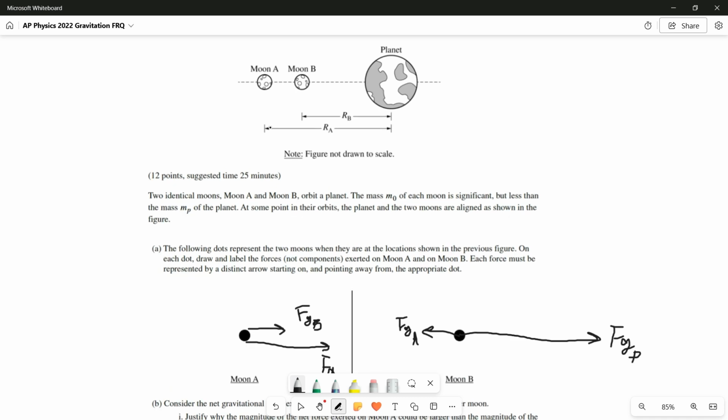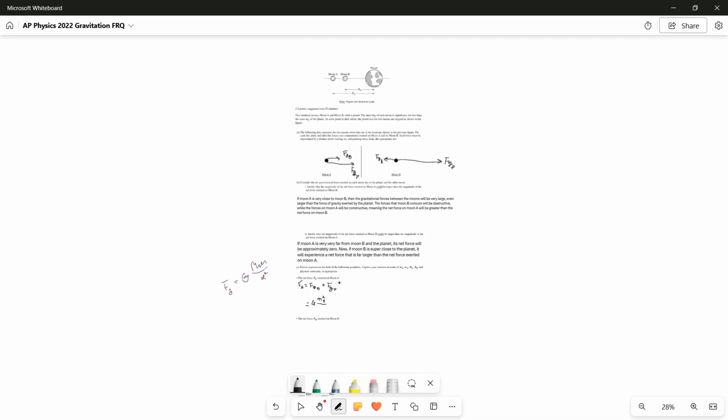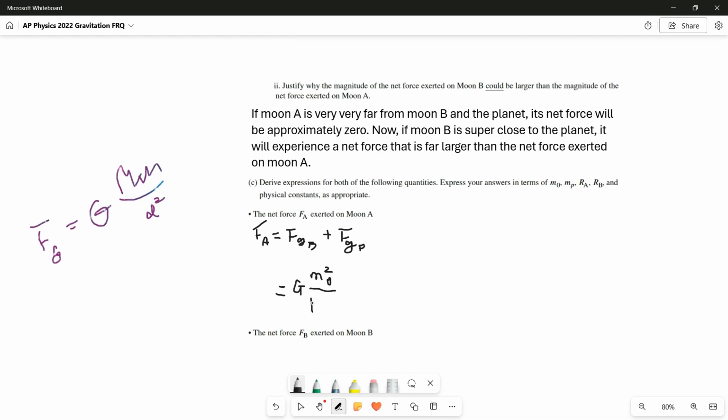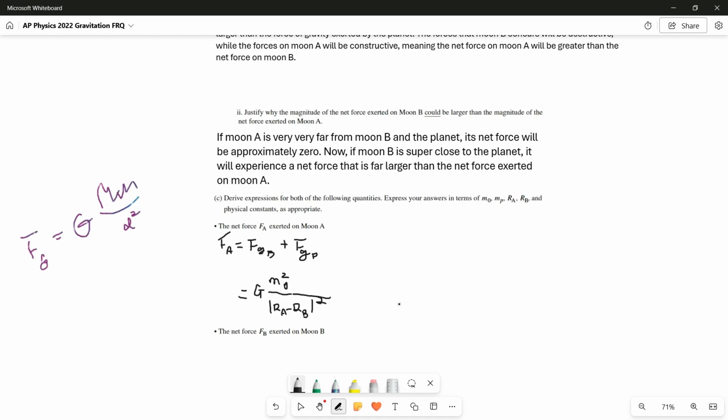Note that that isn't RA nor RB, but actually RA minus RB and then squared. Don't miss out on that, because you're taking the distance between the two moons. So that would be RA minus RB, and don't forget the squared sign. All right, so that's one expression.